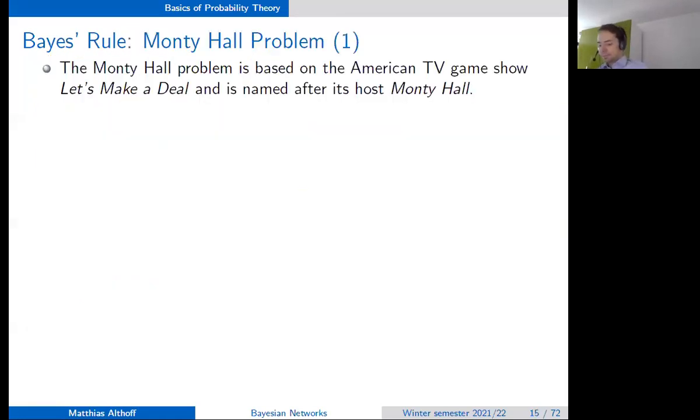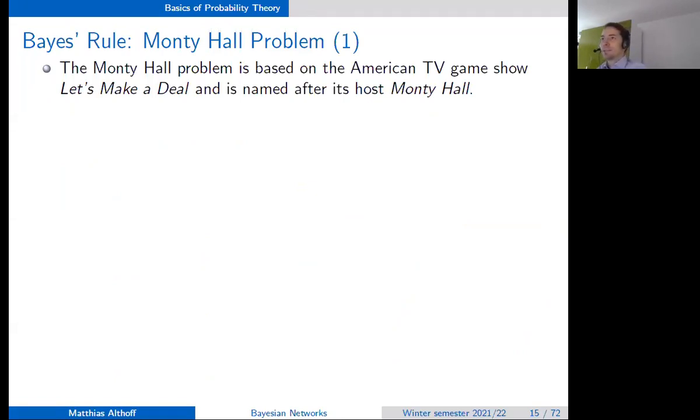Okay. Now let's look at an example. A few years ago this was always a nice example, but now I think Susanne is teaching this in discrete probability theory: the Monty Hall problem. I think at least half of you know this problem already, right? Maybe we can do a quick feedback question.